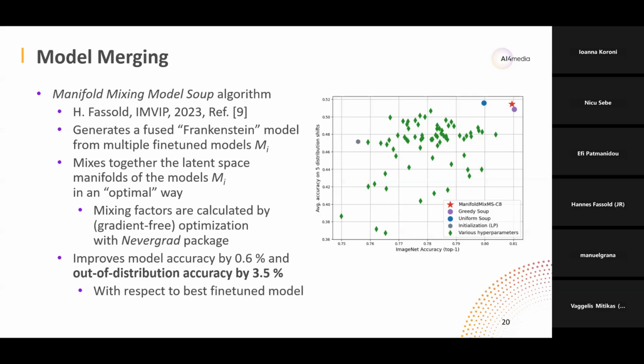And usually what you're doing is picking the one with the best validation accuracy, which would be this one, the rightmost of the green points. But this one is significantly worse than the merged model on the out of distribution data sets.